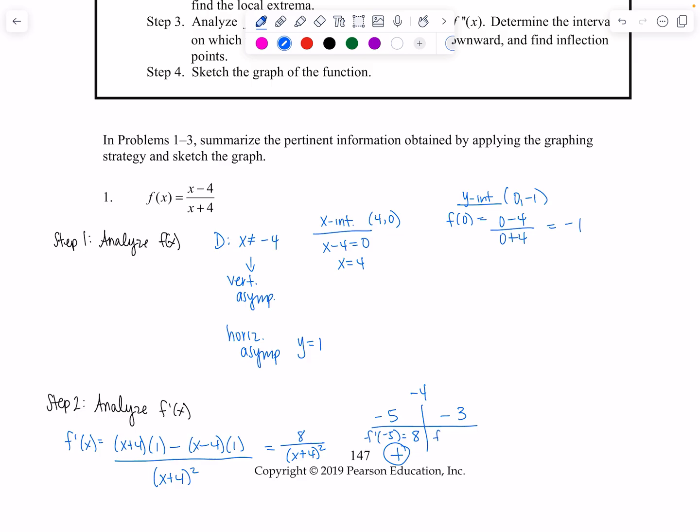Over here, if we have f prime of -3, 8 over -3 plus 4, so 8 over 1 squared will give us 8. Positive on this side. So the function is increasing everywhere except at -4. From -infinity to -4, and then from -4 to positive infinity.